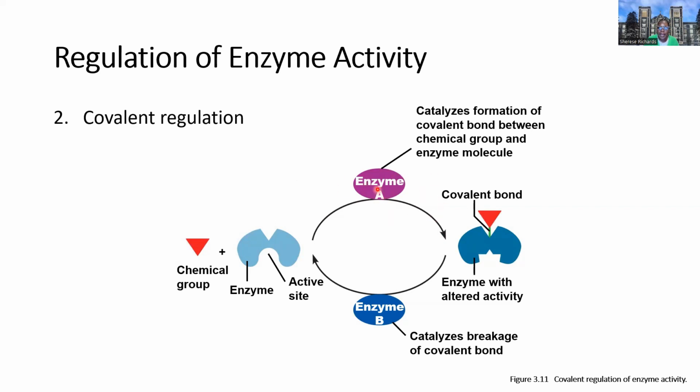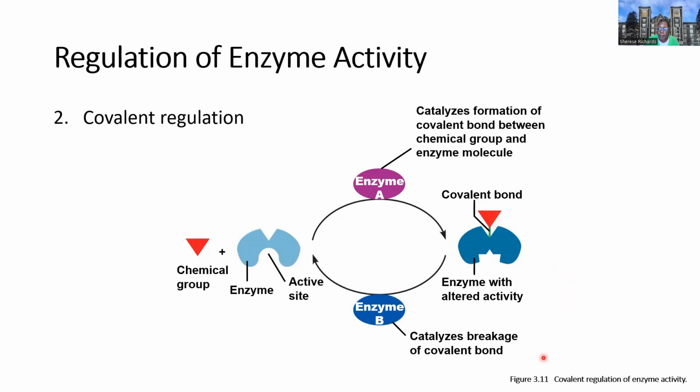Essentially, enzyme A is needed to add this chemical group onto the enzyme that we're looking at. When that happens, we now have the enzyme with an altered activity. It's in an altered state now that it has a covalent bond to the chemical group.